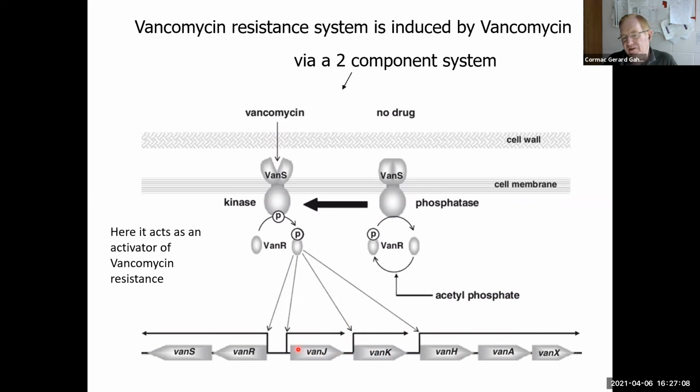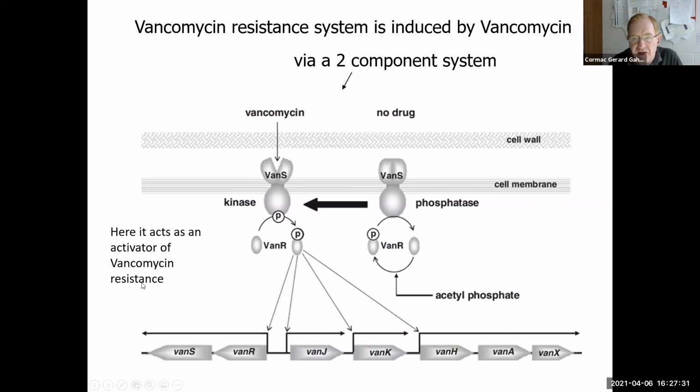But it's an energy expensive process, so the cell doesn't need to switch these on all the time. It only needs to switch them on when vancomycin is present. So that's a very clever system for detecting the stimulant, vancomycin, and switching on these genes only when they're needed. Here it acts as an activator of vancomycin resistance.